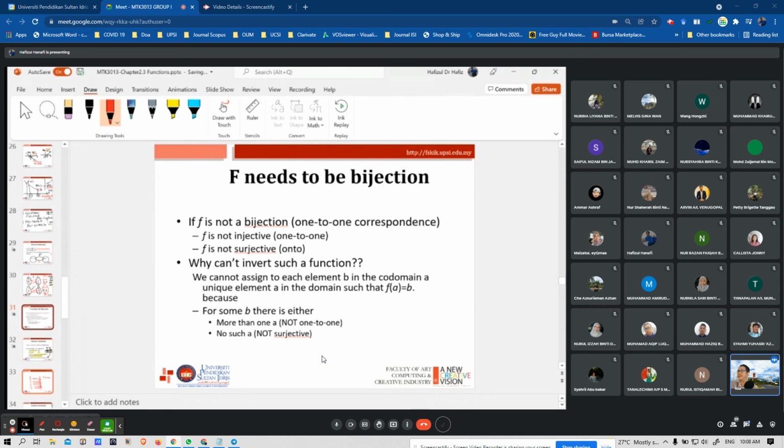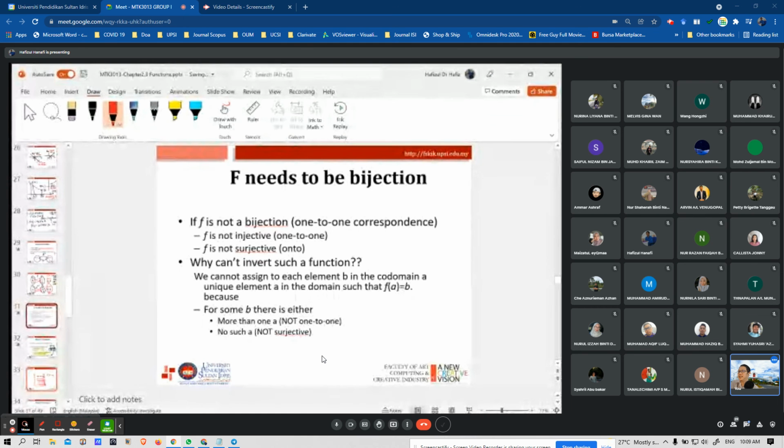If f is not a bijection, one-to-one correspondent, f is not injective, and f is also not a surjective onto. Why can't we invert such a function? Because we cannot assign an element in B in the codomain a unique element in the domain such that f(a) equal to b, because some b may have more than one, and not a surjective. It must be both, both one to one and onto.